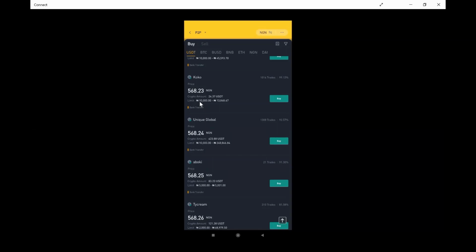And of course, $10 worth of USDT would be within the range of 10,000 to 13,000. With this 568, if you times that by 10, that's 5,000 something. So that puts us within this range of 10,000 to 13,000, which is Coco's limit. So we can click buy.